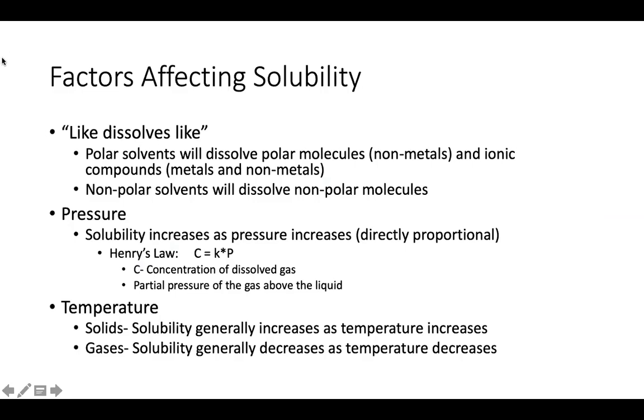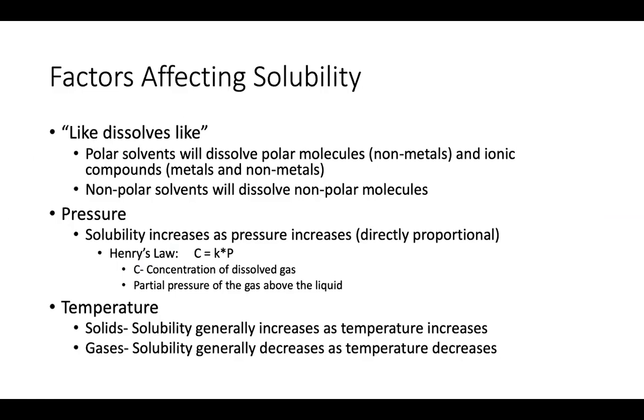Okay, we also have 3 main factors that affect solubility, and these are definitely things that I would expect to see to some extent on a multiple choice exam, like almost 100%. I would definitely bet some money that at least one question will have to do with solubility. And so the first factor is just kind of a characteristic of compounds, which is like dissolves like, right? So polar solvents will dissolve polar molecules, right?